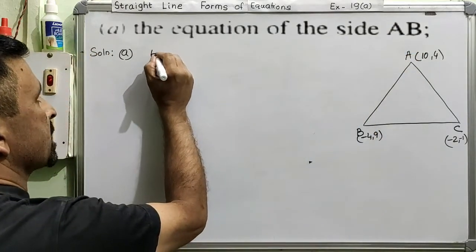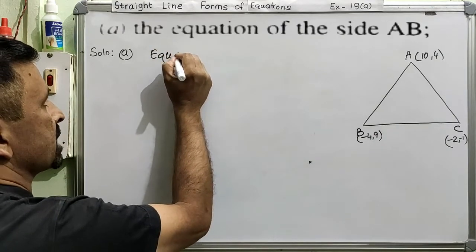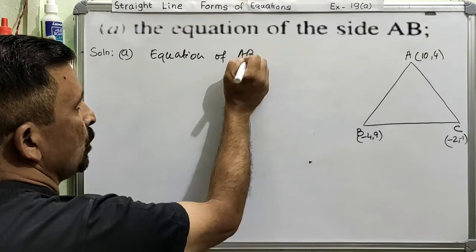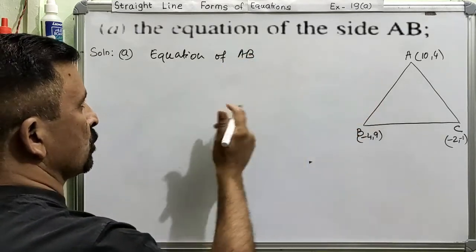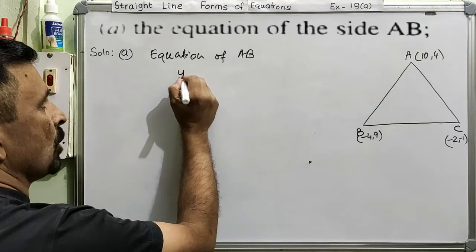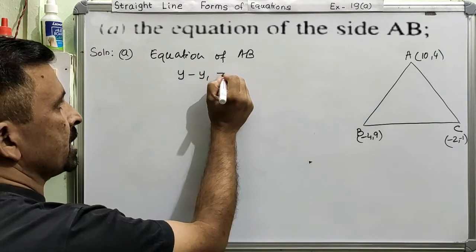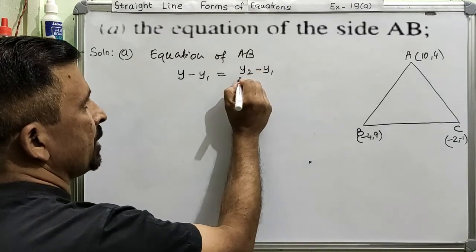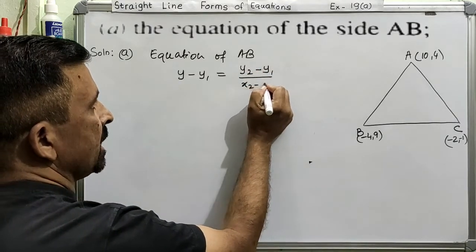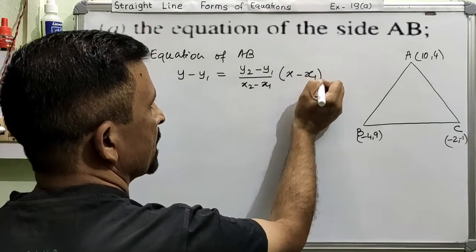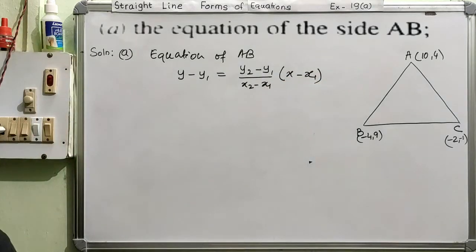The two-point formula is y minus y1 is equal to y2 minus y1 divided by x2 minus x1, into x minus x1. You know that this is the formula.